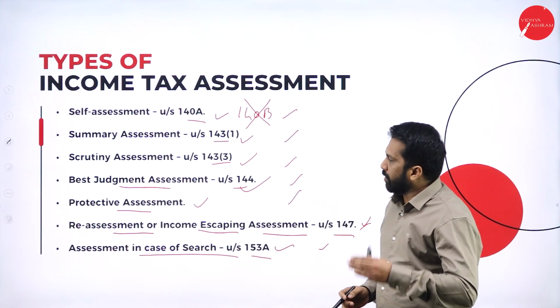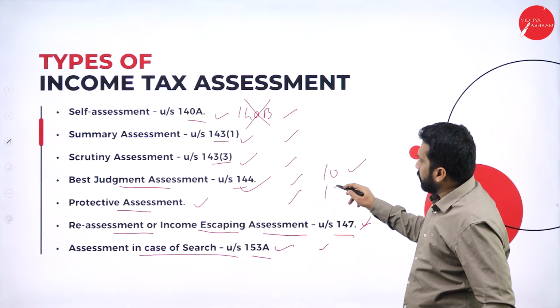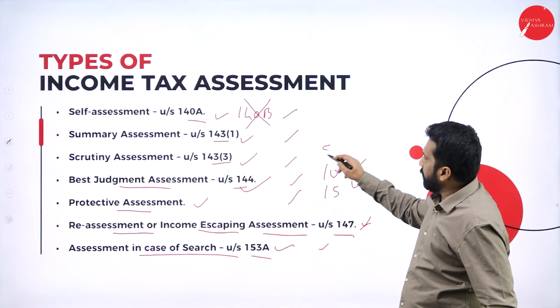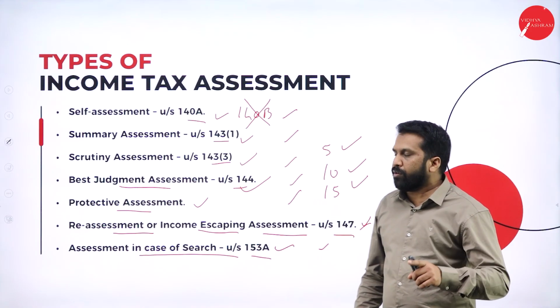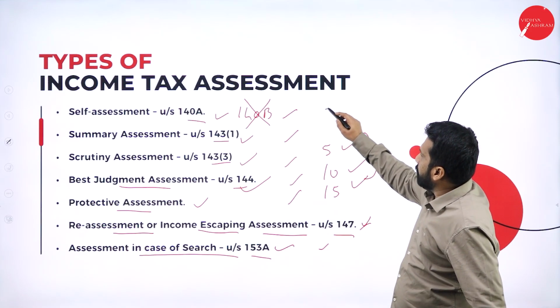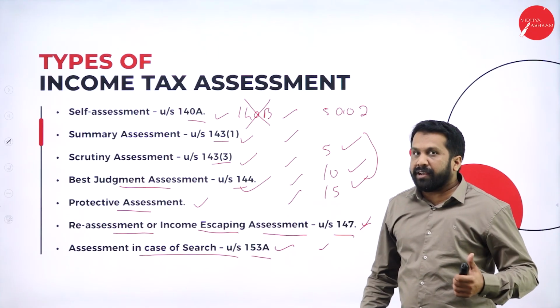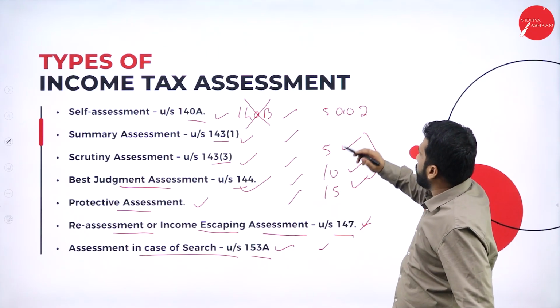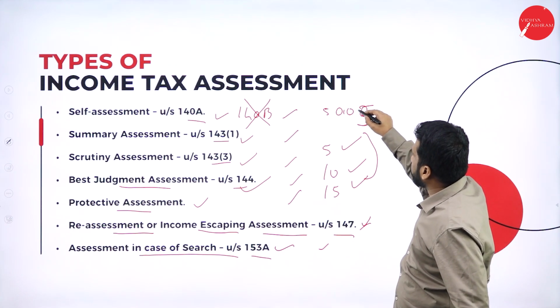You write all your answers. Your 10-mark questions, correct. 15-mark questions, correct. 5-mark questions, correct. You expect that you will get full marks. Your register number is 5002. Instead of writing 5002, you have written 5005.